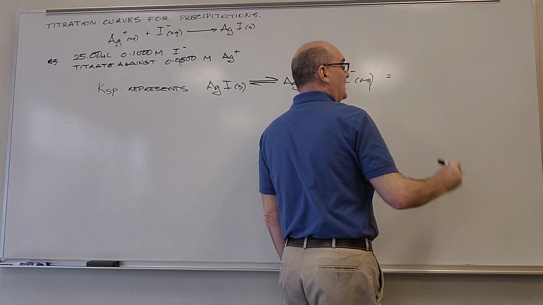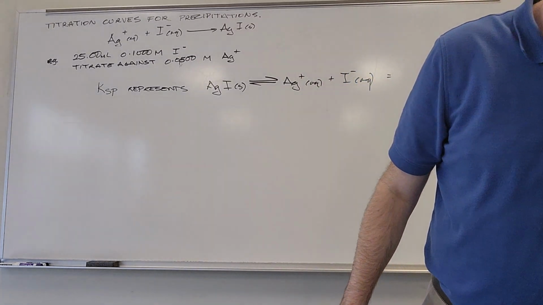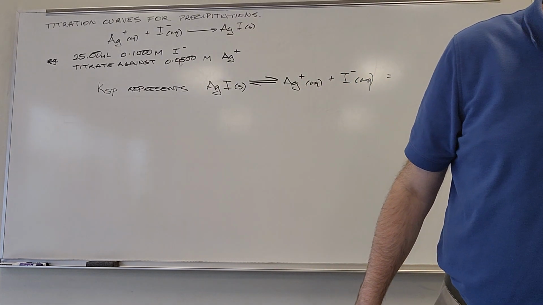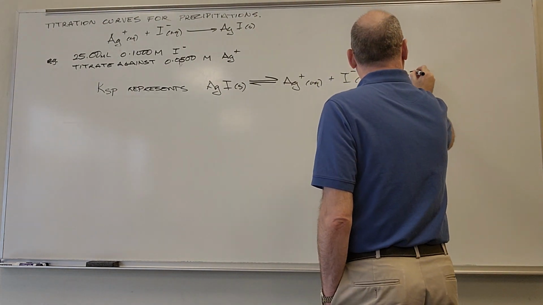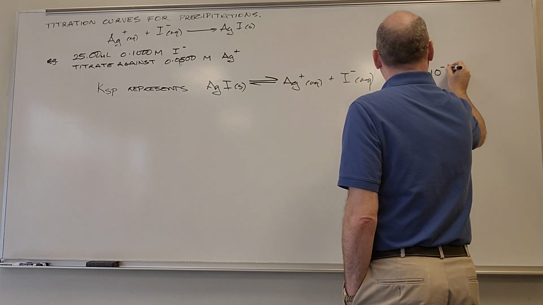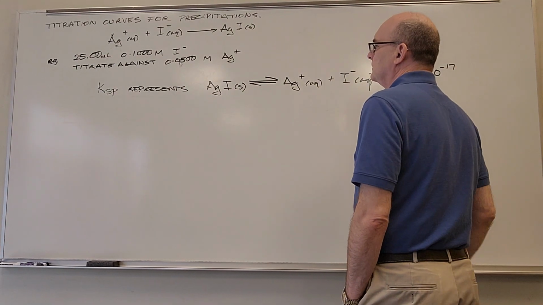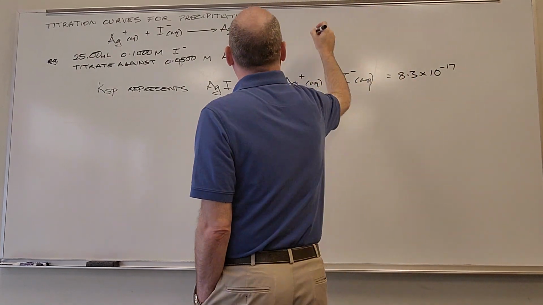And the value of KSP for this is 8.3 times 10 to the negative 17. So that's what KSP is telling us.